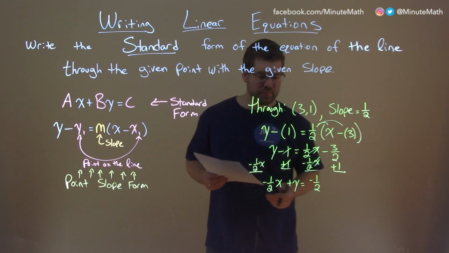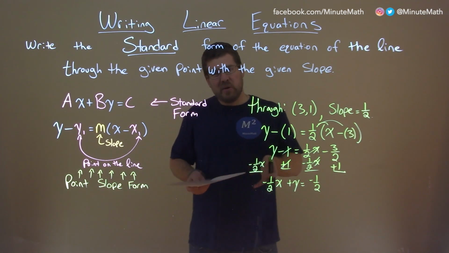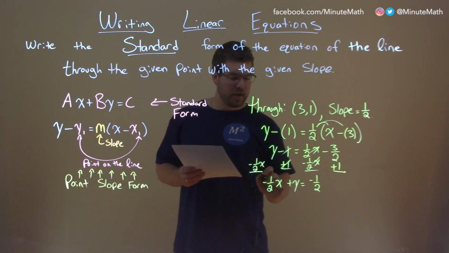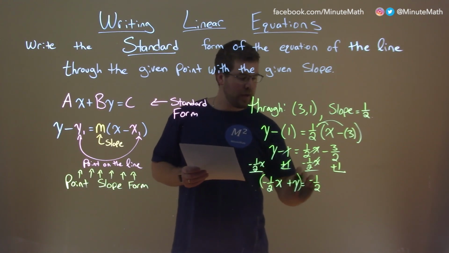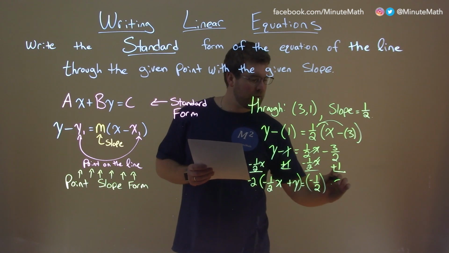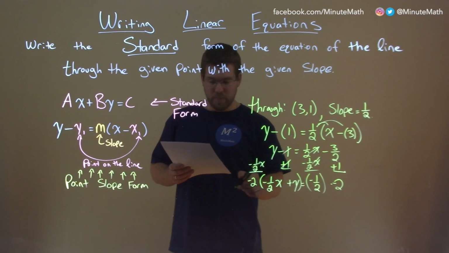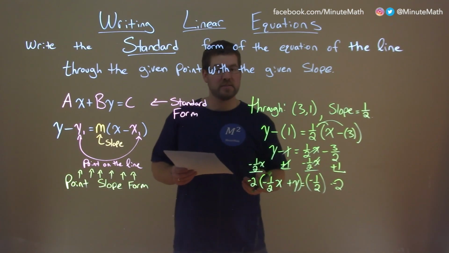Alright? Well, I don't like necessarily having values that are fractions, okay? So I'm going to get rid of that fraction by multiplying both sides by a negative 2. And the reason why I chose negative 2 right there is because I saw a negative 1/2 here, and I knew when I multiplied them out, I'd get a positive 1.